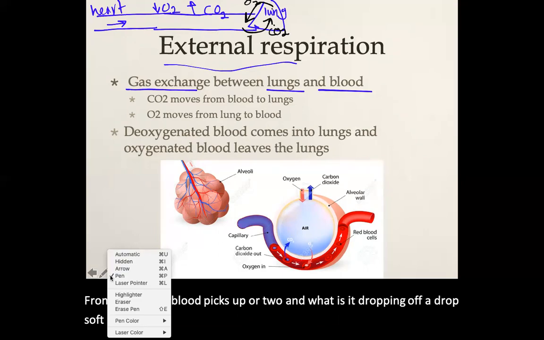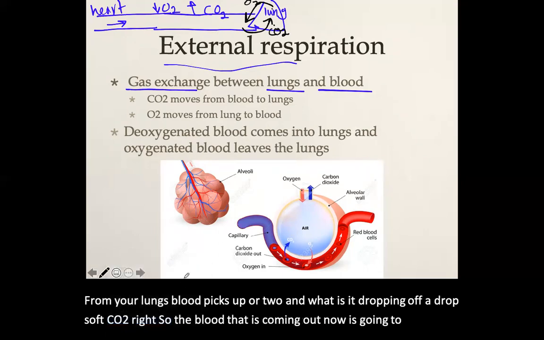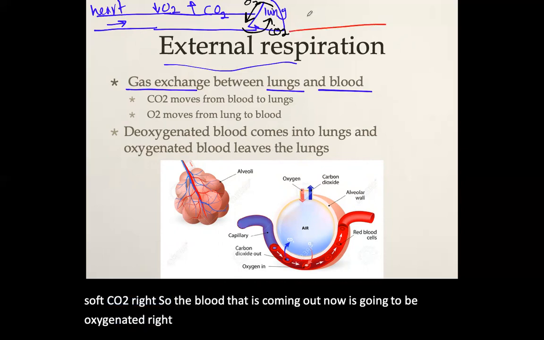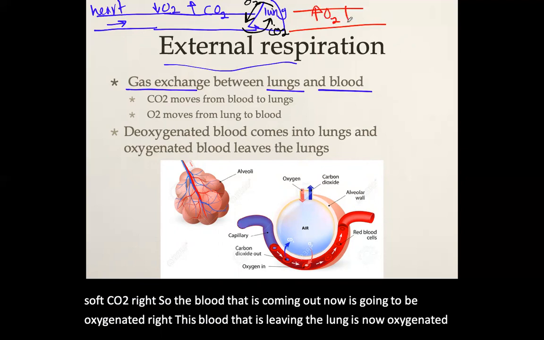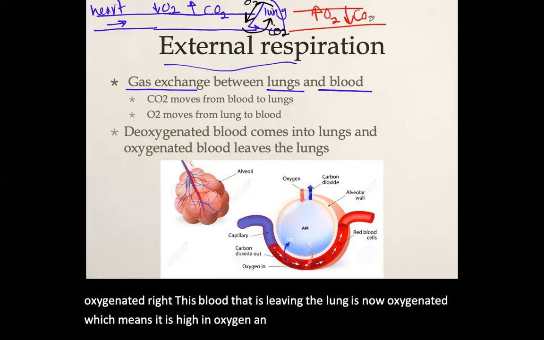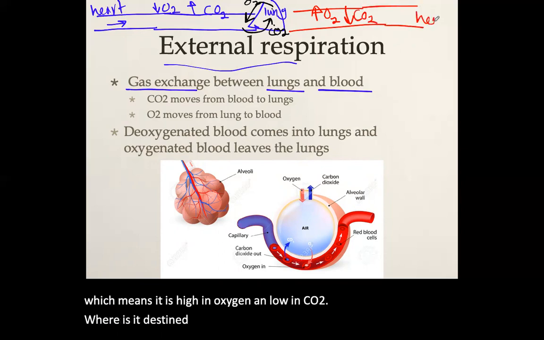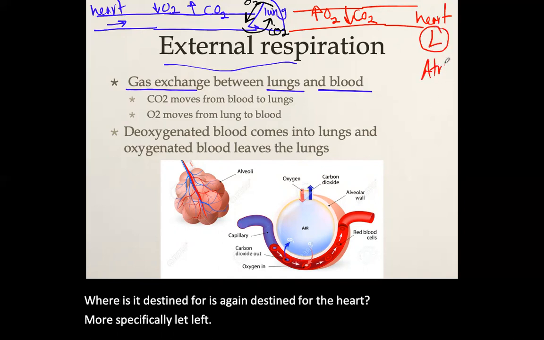So the blood that is coming out now is going to be oxygenated, right? This blood that is leaving the lung is now oxygenated, which means it is high in oxygen and low in CO2. Where is it destined for? Again, it is destined for the heart. More specifically, the left atrium.